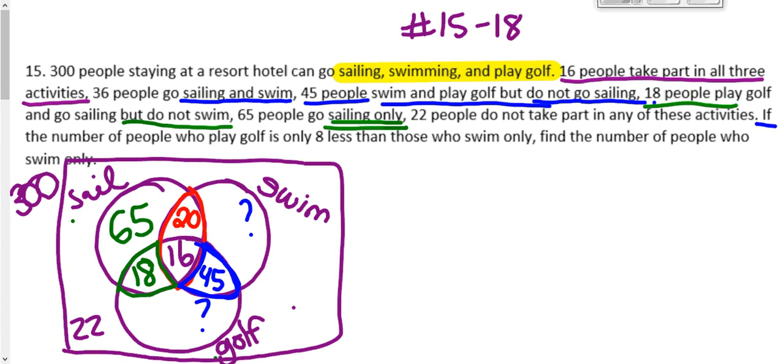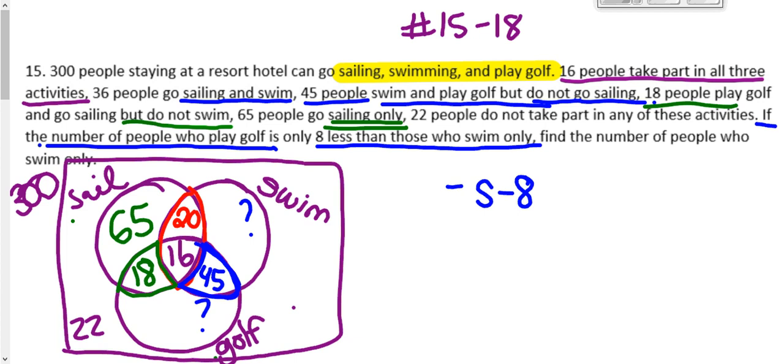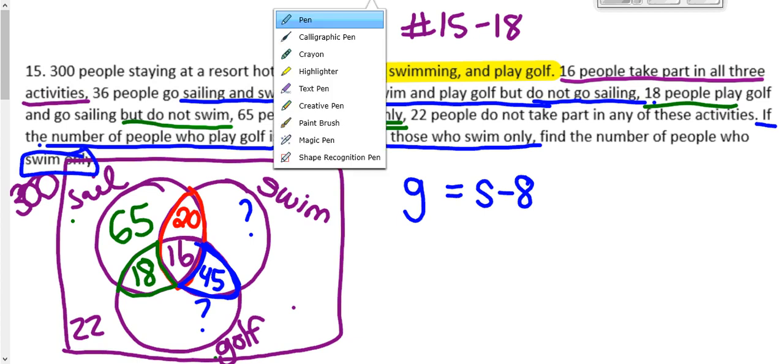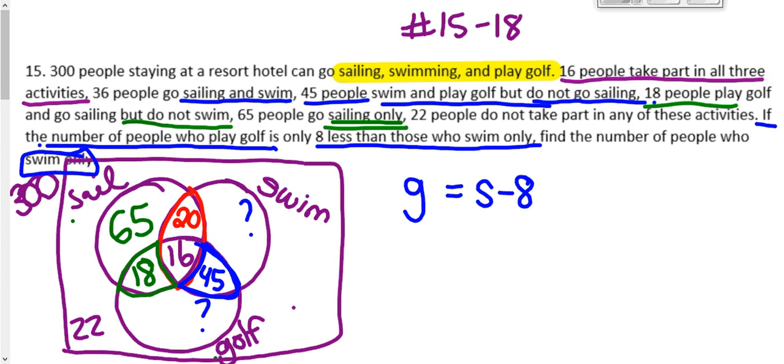They say, if the number of people who play golf is only 8 less than those who swim, so that means we have to take the number who swim and subtract 8, and we would get the number who play golf. Find the number of people who swim only. So our goal is swim only. I use my Venn diagram to help me see what section I need to fill out. Swim only is this piece right here. So that's really the question that I want to answer.